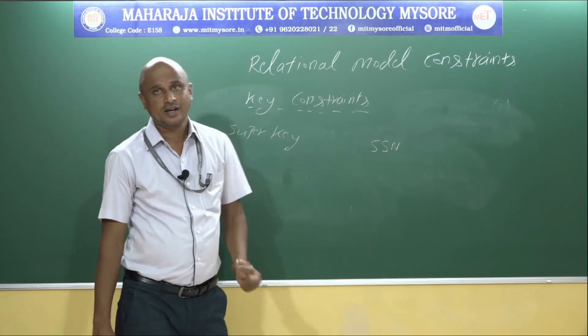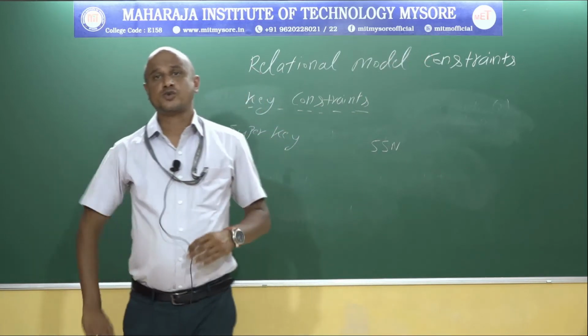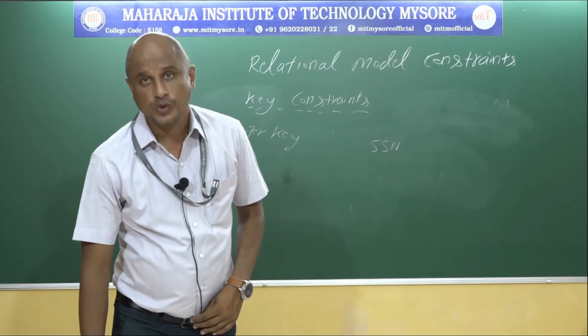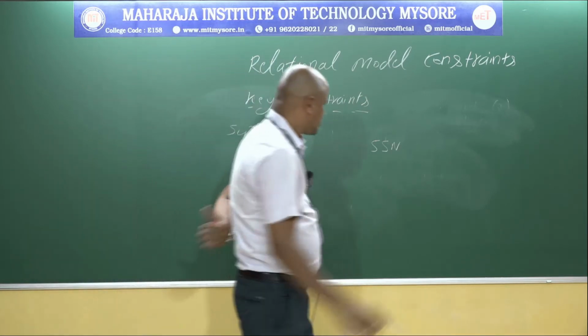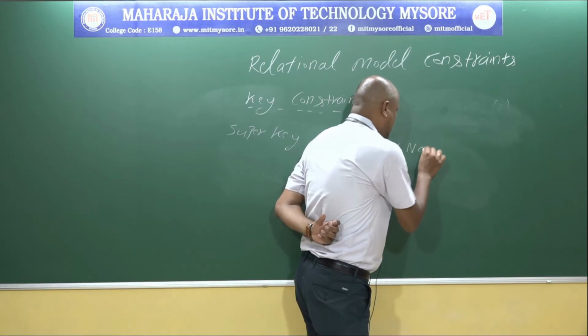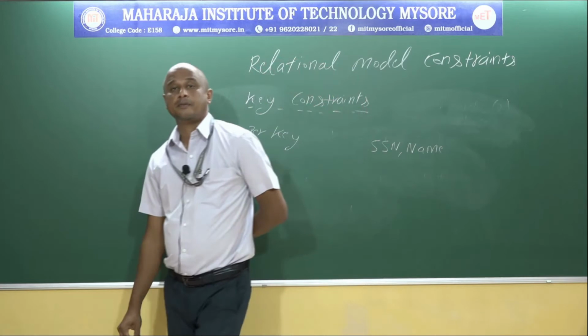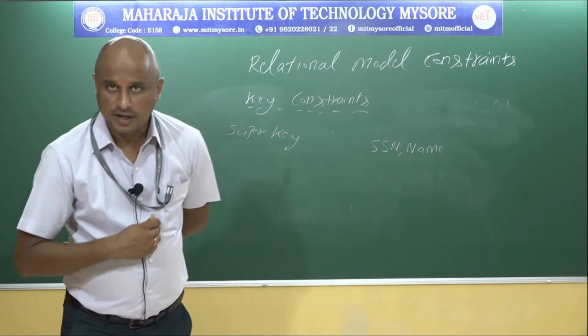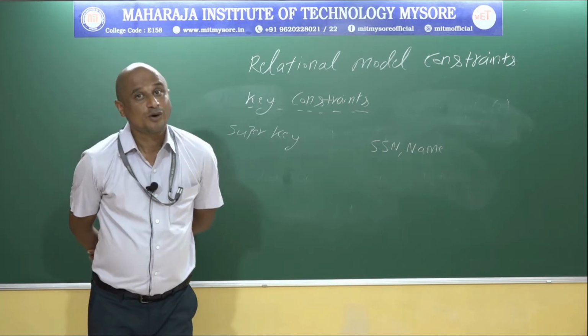If I go to the accounts section and ask for student details, they will ask for the USN, because it is a uniqueness property. I can add a name to it: I tell my USN, then I tell my name, so it becomes more unique.